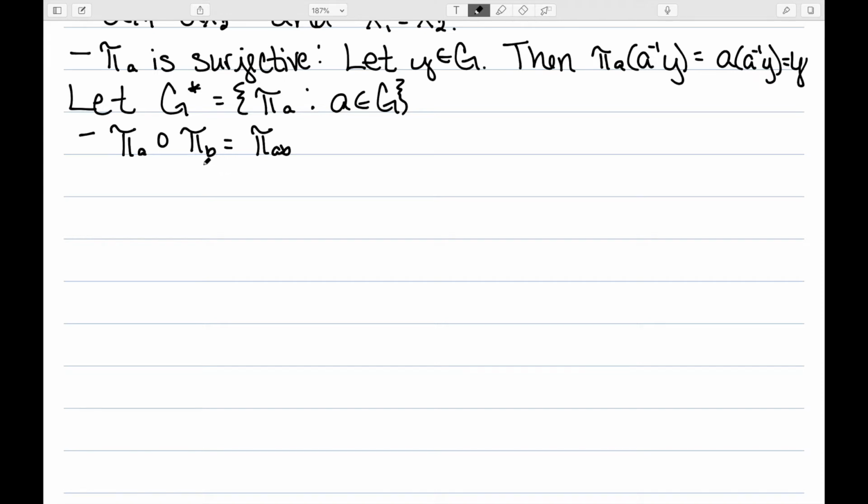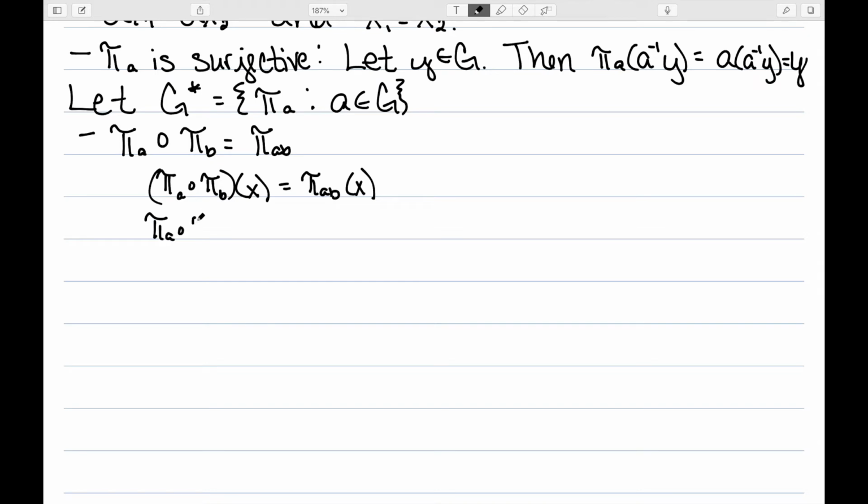In order to do this, we have to show that it has the same effect on every element. So the way we need to show this is that pi of A composed with pi of B of x is equal to pi AB of x.